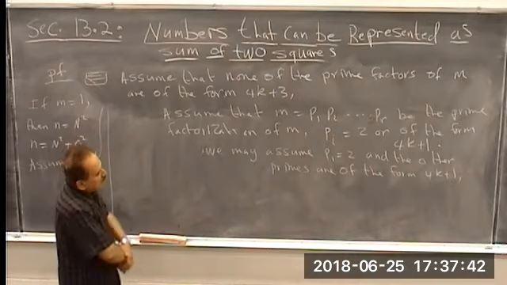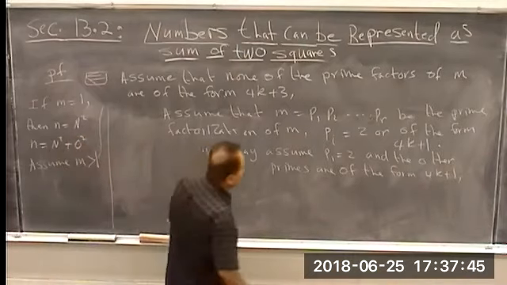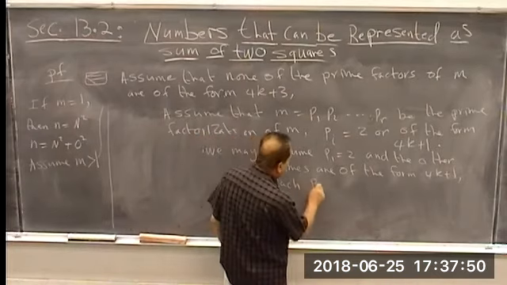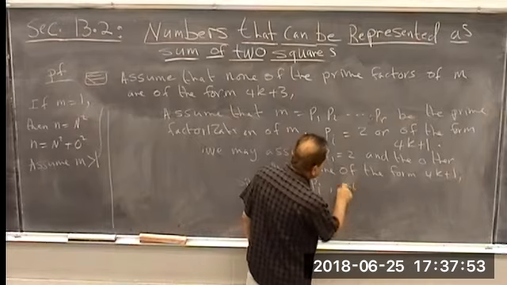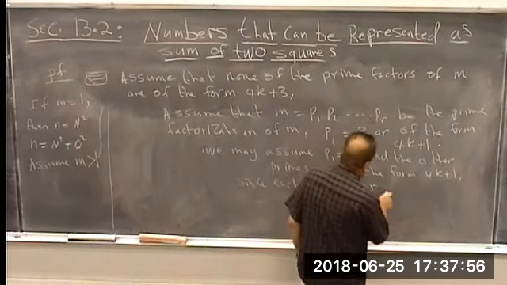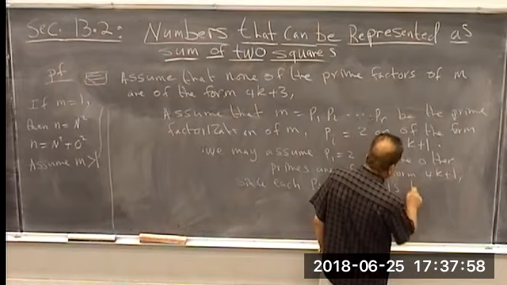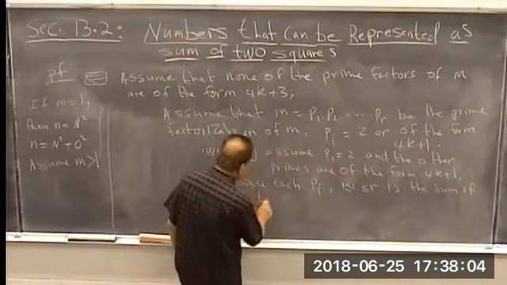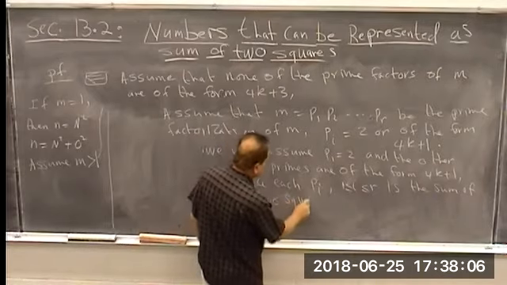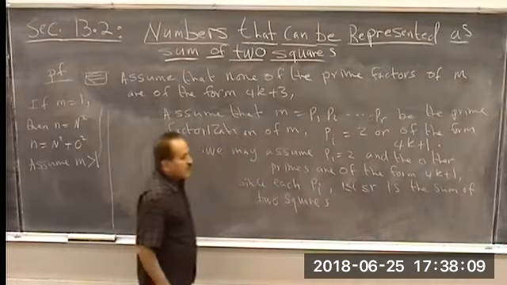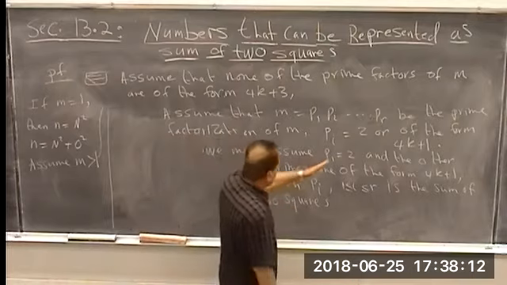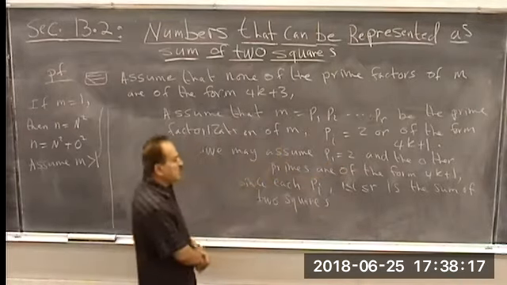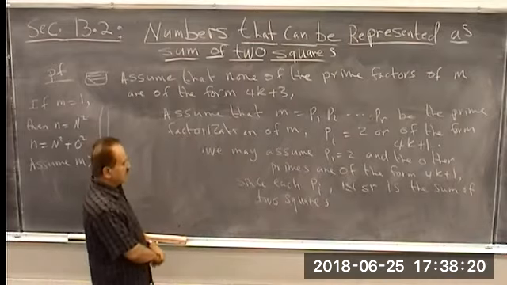So in all possibilities, each p_i between 1 and r is a sum of 2 squares. If it is 2, as I said, 1 squared plus 1 squared, or for the other one, Theorem 13.2, Fermat's theorem tells us, yes, it's a sum of 2 squares.